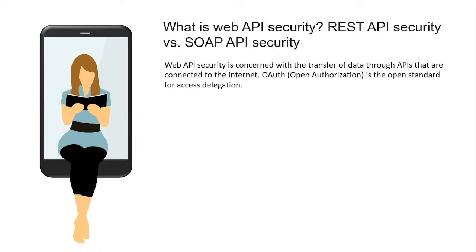SOAP API use built-in protocol known as Web Service Security (WS Security). These protocol defines a rule set that is guided by confidential and authentication.